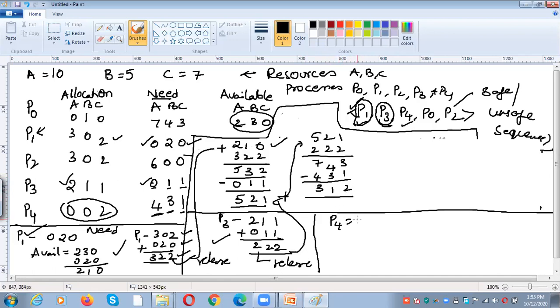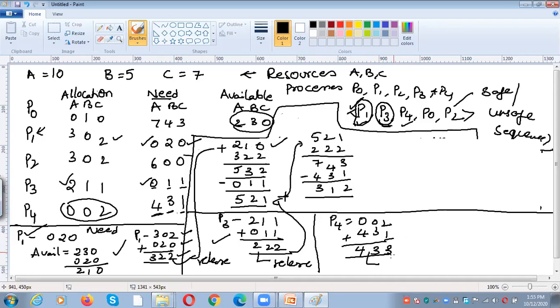So what about P4? P4 earlier used 0 0 2. Now you are assigning 4 3 1 from 7 4 3. In total, how many are allocated to P4? 4 3 3. Okay. After using these resources, P4 completes its task. Why? Because all the needed resources are allocated to P4.